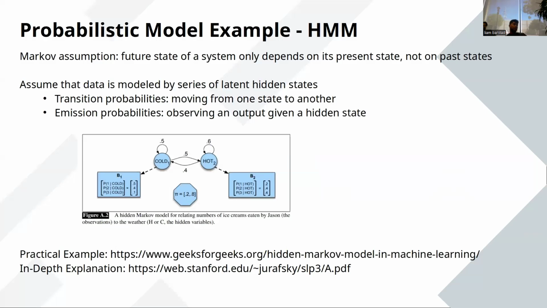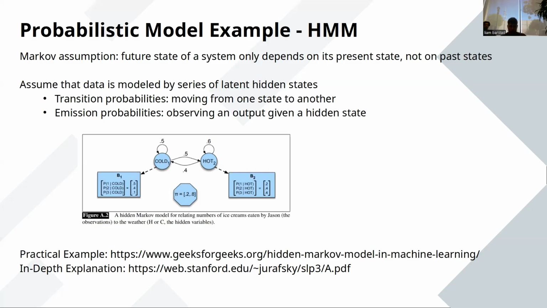The idea behind a hidden Markov model is that there's a series of latent states that we can't observe, distinct from what we actually do observe. We can move between these hidden states and get different observations, and there's a probability of getting a particular observation if something's in a hidden state.